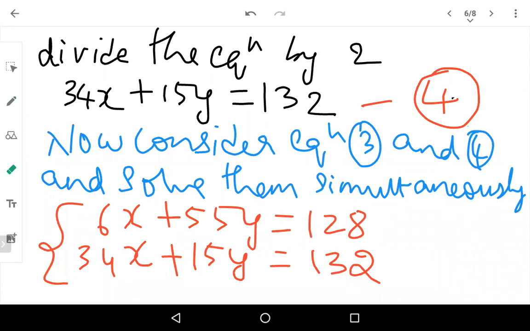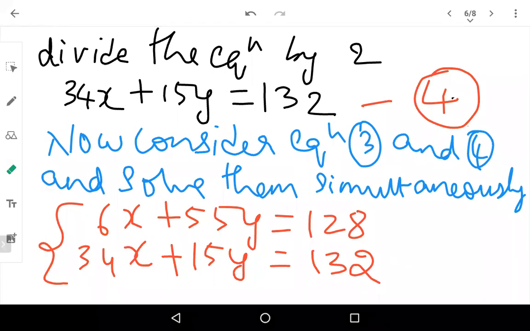Now what we have to find out is the multiple which, if you multiply or divide from 34 or from 6, you will get some whole number. Okay, now let us first check for 34. All these calculations will be done in the calculator first. Let's see the 34 table. 34 ones are 34, twos are 68, threes are 102.